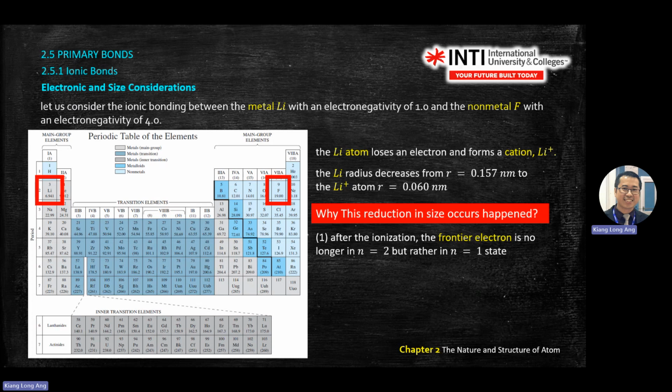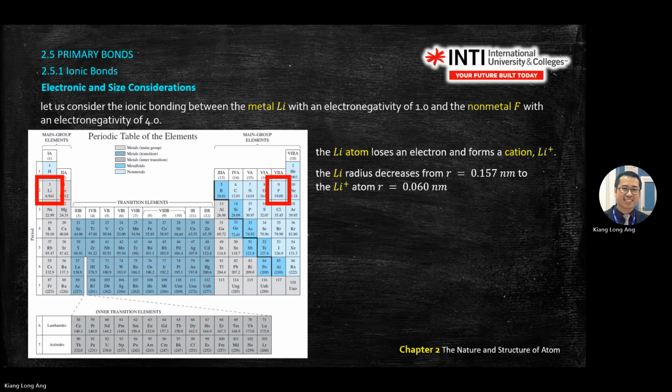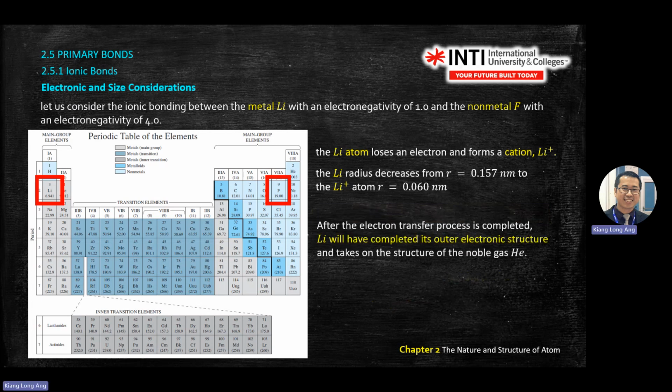The outer electron is no longer in n=2 but in n=1, so there is a balance between the positive nucleus and the electrons, and the stronger force pulls the electrons inside. This will probably be a part B or part C kind of question. It asks you why there is suddenly a decrease of radius in the bonding.